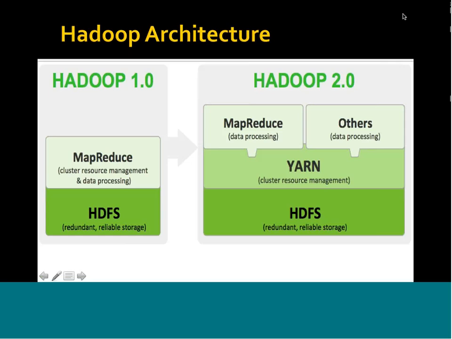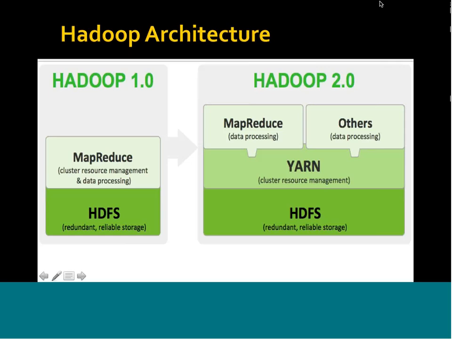But when it comes to Hadoop 2.0, they added extra components to it. They said that now we are going to give you a much smarter MapReduce engine, and we are going to decouple the cluster resource management responsibility. For example, in Hadoop 1.0, the MapReduce engine takes responsibility of not only data processing but also cluster resource management. But in Hadoop 2.0, it is decoupled.